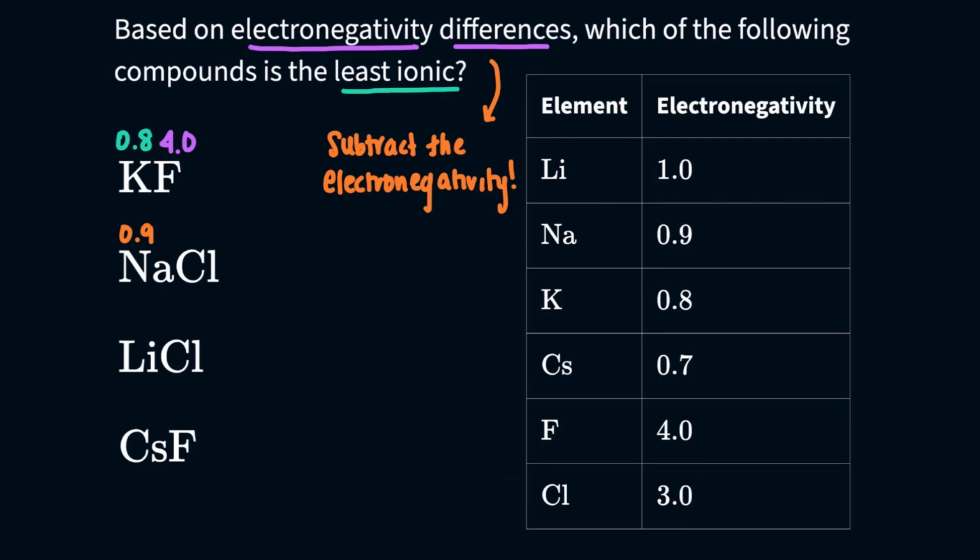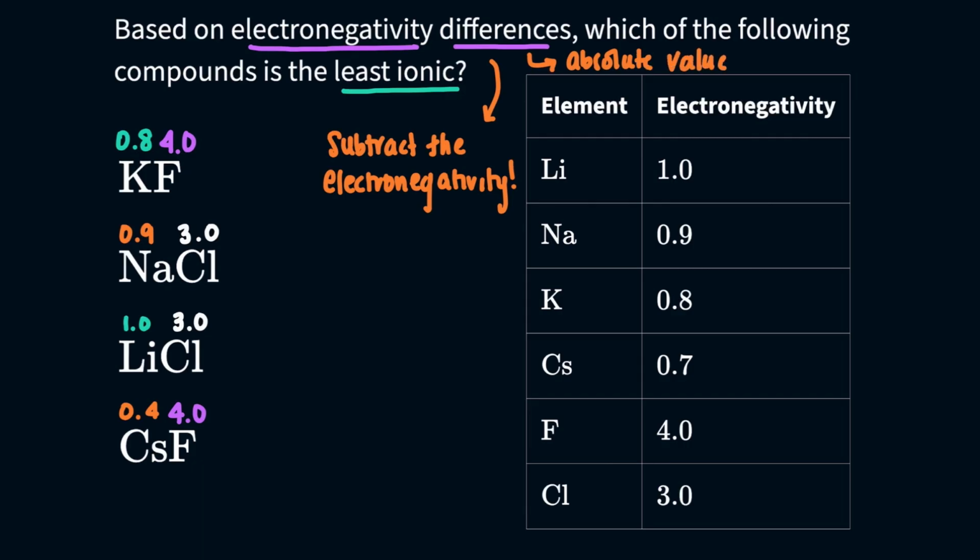Chlorine all the way down here is 3.0, and I see that I have 3.0 as well. I also have another fluorine, so I'm going to plug that one in. Fluorine down here, 4.0. Lithium is 1.0. And cesium is 0.7.